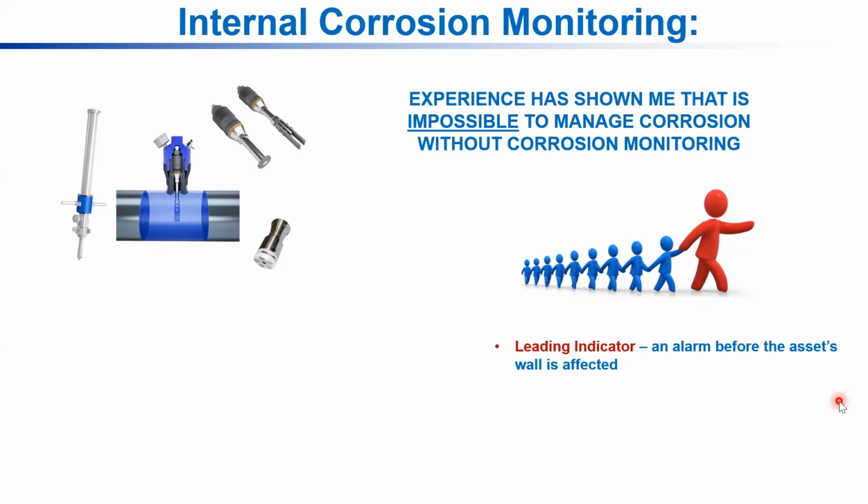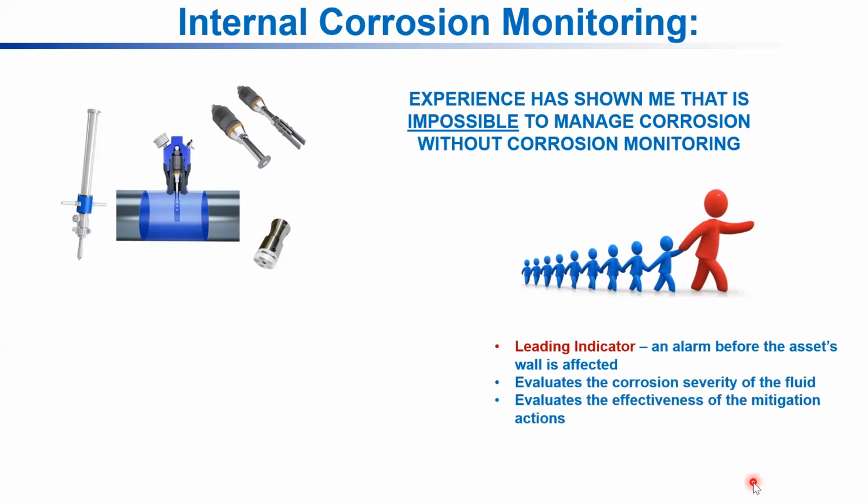Something is going on, okay? Because once again, they evaluate the severity of the fluid. And one of the most important aspects is they evaluate the effectiveness of our mitigation actions.